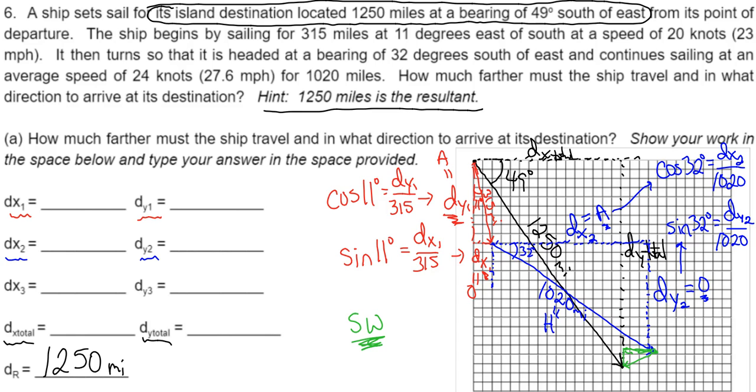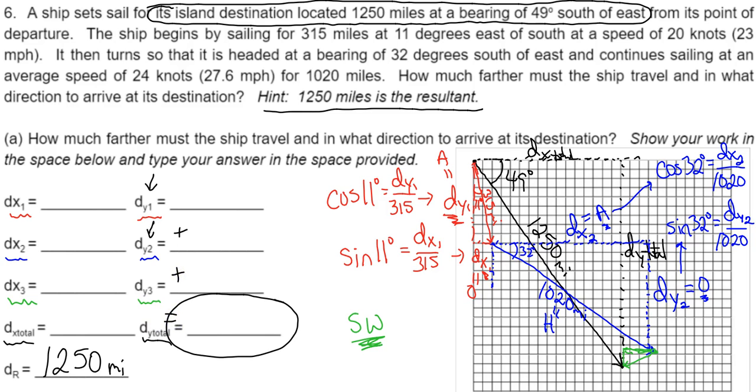How much further do I have to go? Well, remember we're doing it by components, so all I need to do is take my dy total and subtract dy1 and dy2, and that will give me dy3, because remember that dy1 plus dy2 plus dy3 equals my dy total.